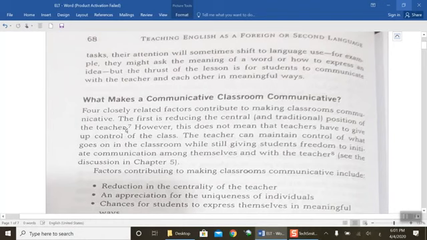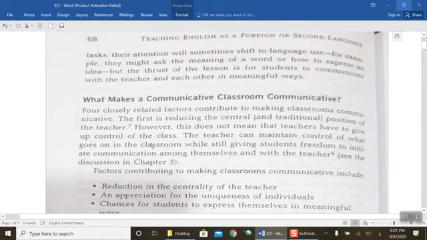Remember, we talked about this point, whether the teacher is the center of the class, center of instruction, or center of attention, like Kathy and Yushi, if you remember. So this is number one, reducing, diminishing, decreasing the central position of the teacher.